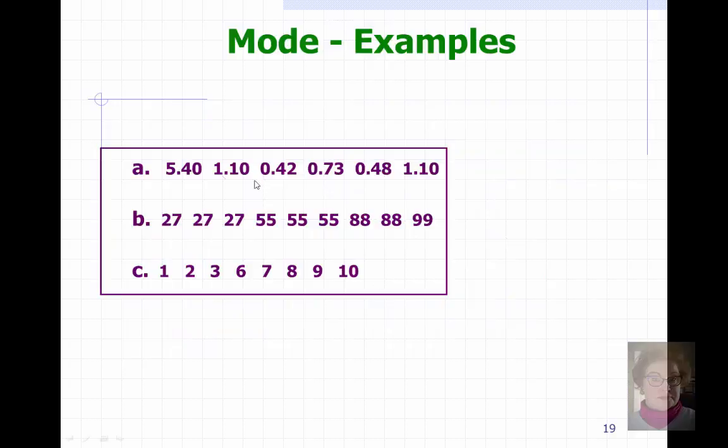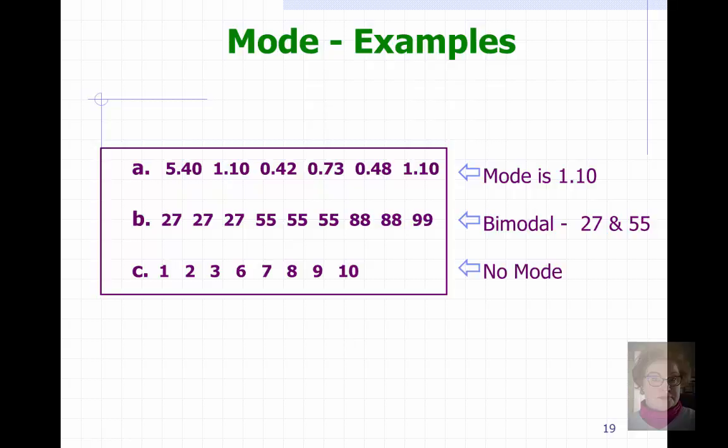For example, in set A, I see that 1.10 happens twice, so that's the mode. Notice that in data set B, 27 happens 3 times, 55 happens 3 times, so it's bimodal, it has 2 modes. And notice in set C that no number happens more often than any others, so we say it has no mode.